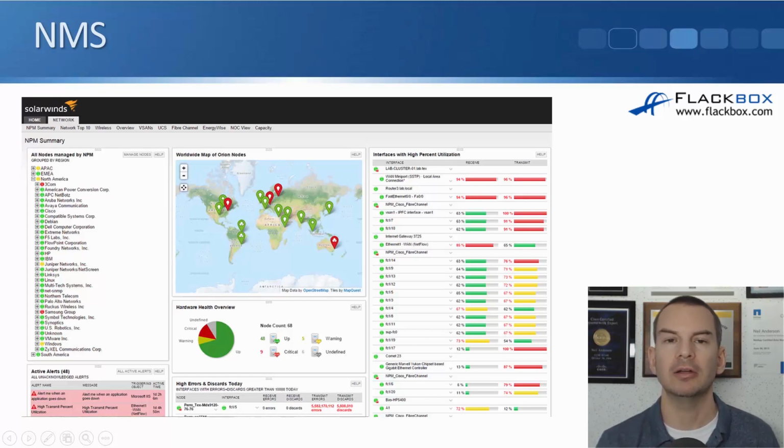So if you've got interfaces that are getting congested, it's going to tell you about that, so you can fix it by putting more bandwidth in there, or maybe by configuring QoS, quality of service, that we're going to cover later on. Also down at the bottom, it's reporting on interfaces with high error and discard rates. So it's giving you a nice dashboard where you can see everything that's going on in your network, and it's also highlighting any potential network problems.